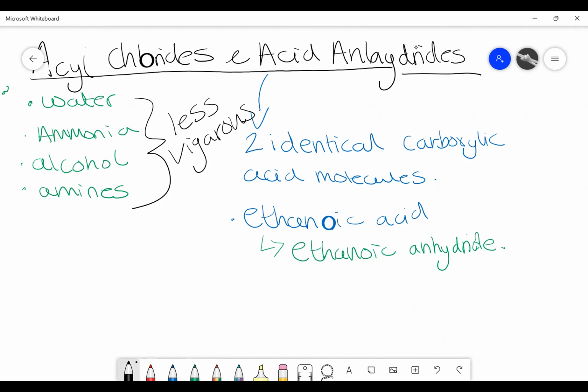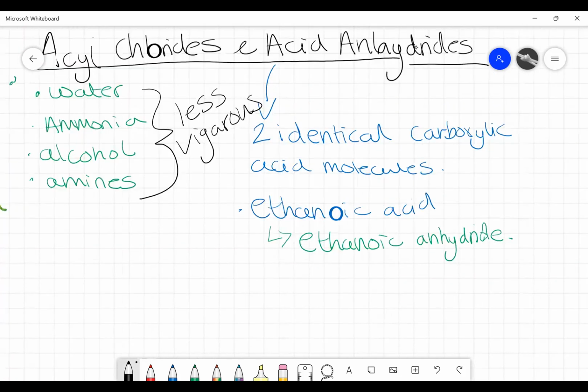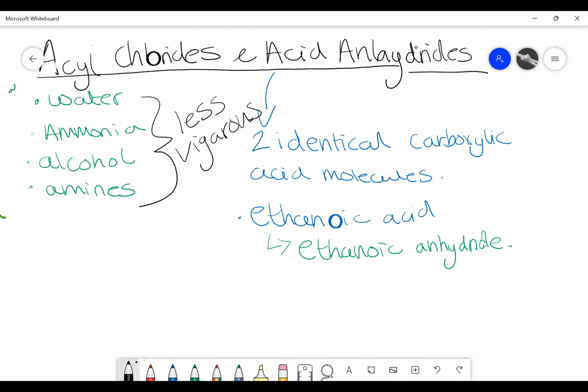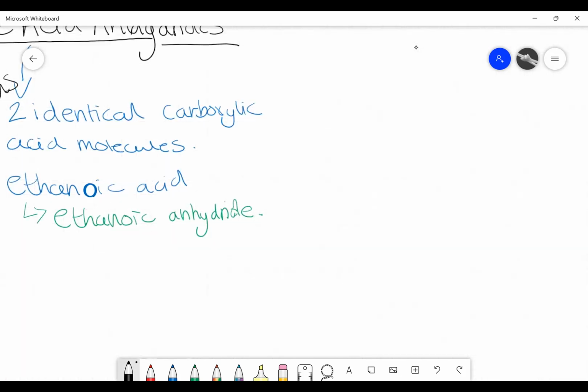So I'm going to draw you an example. Before I even do that, I'm going to draw you out a carboxylic acid, and I'm going to draw you the ethanoic anhydride just to explain how they look. So when we were naming them, I said basically they're two identical carboxylic acids.